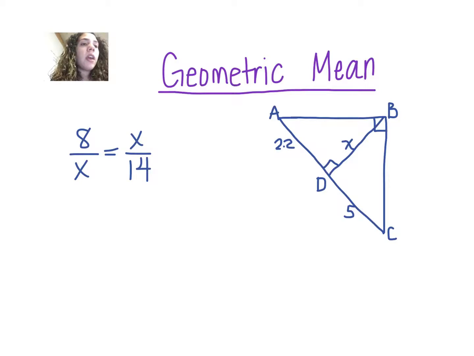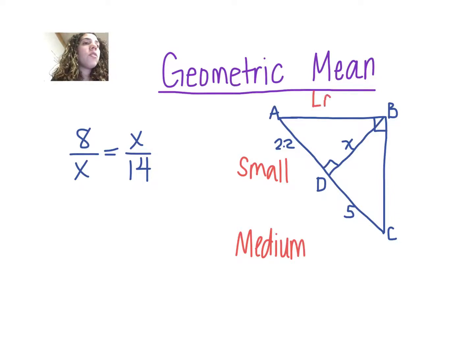We have a small, a medium, and a large. And I'm just going to make the large triangle the original triangle that we have here. So we're going to have 3 total pictures that we can look at to help us set up that question on the right.